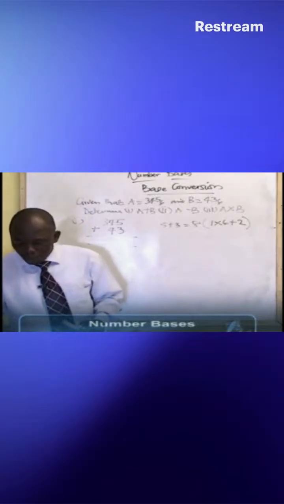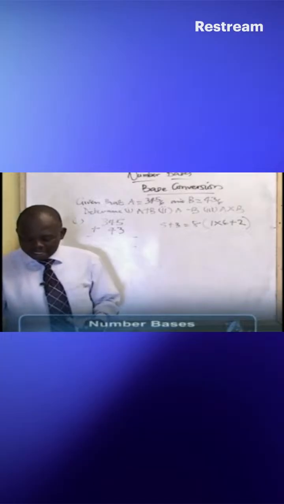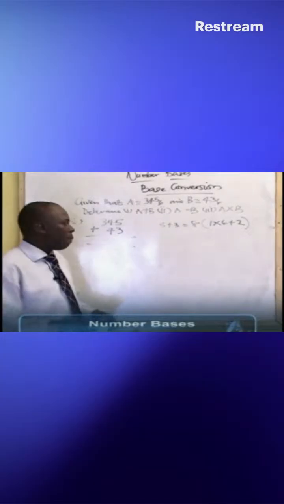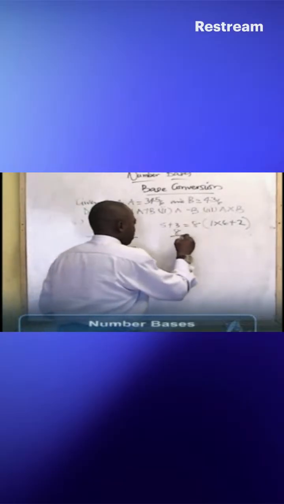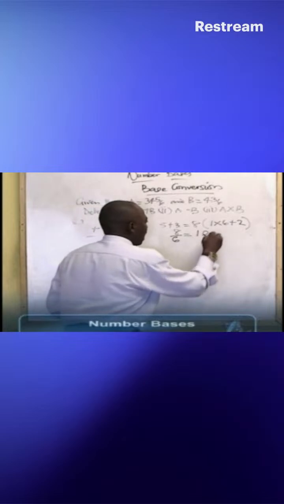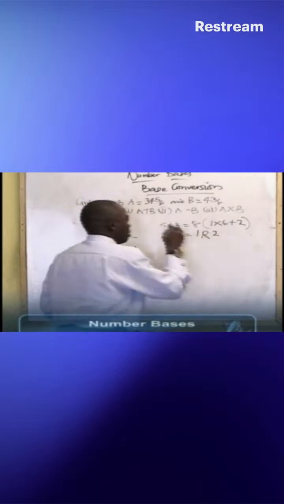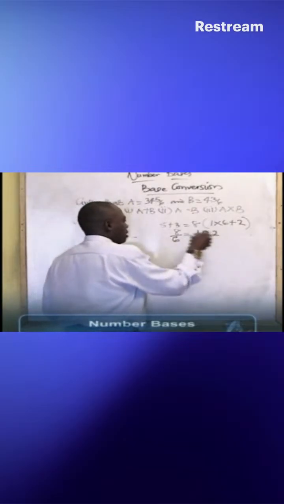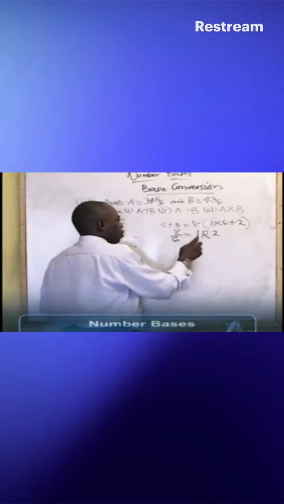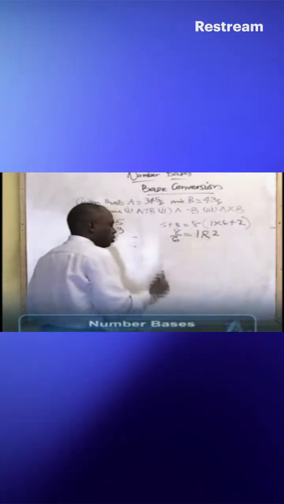If what you have gotten is greater than 6, then divide your answer by 6, which is what I've done here. 8 divided by 6 will give you 1 remainder 2. 6 will go in 8 one time and it will remain 2.